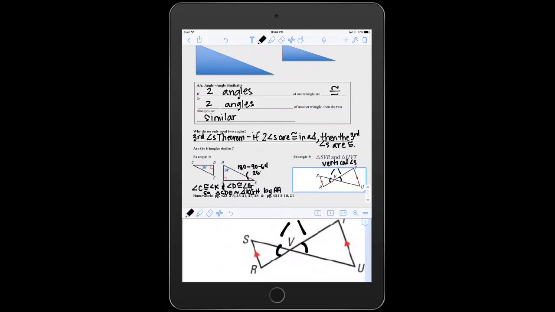The other thing that hopefully caught your attention was that we have a set of parallel lines here. And so when I connect my parallel lines, I end up forming another set of congruent angles. And the reason that these angles are congruent is that they are alternate interior angles.